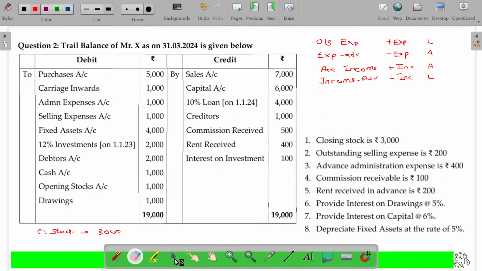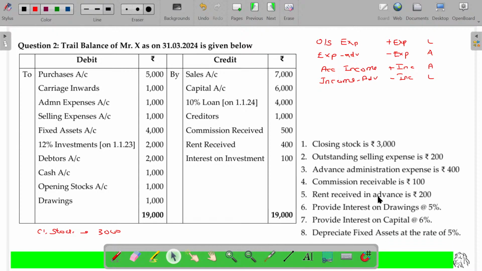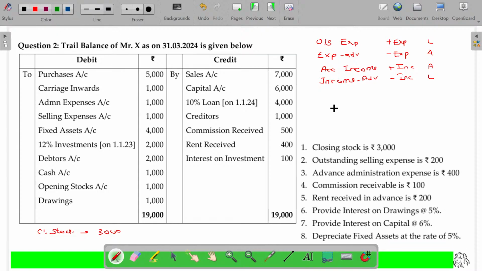For example, rent rupees 10,000 per month. But rent paid is rupees 1 lakh. What does it mean?